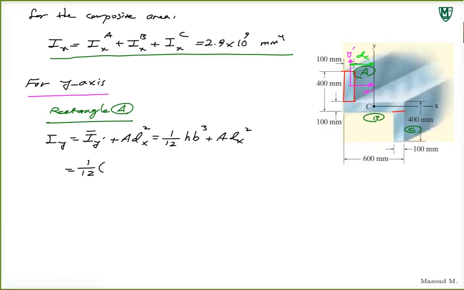This one. So what is my H and what is my B for that rectangle? Your height should be 300 and your base 100. Exactly. Thank you. So H would be 300, all right, and B is 100 cubed.